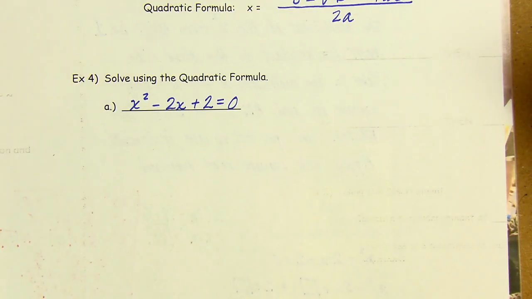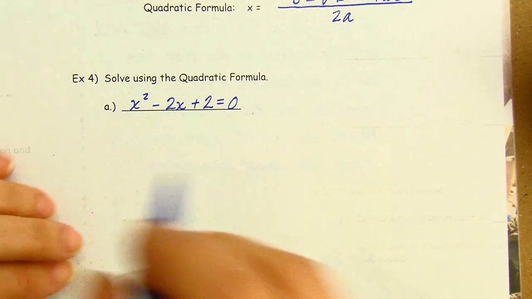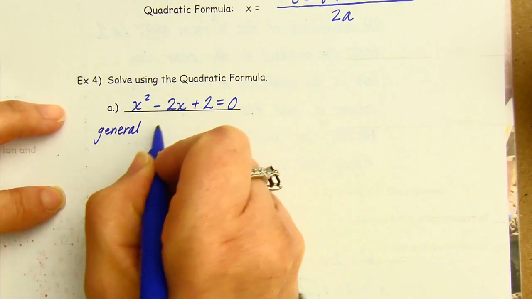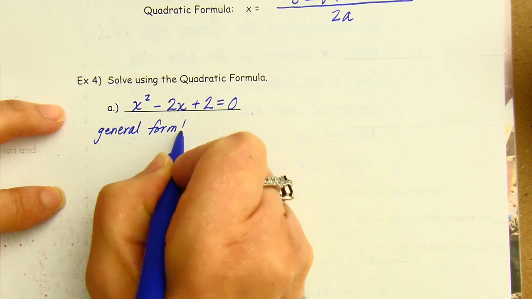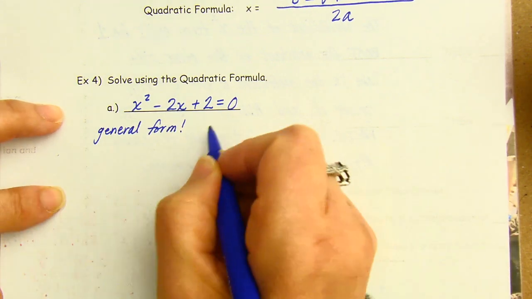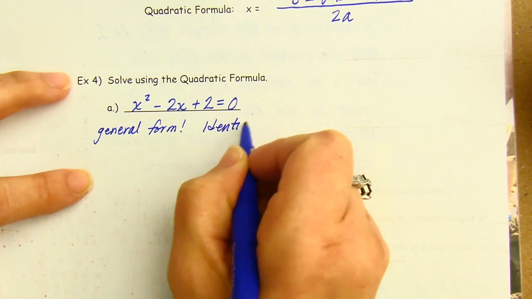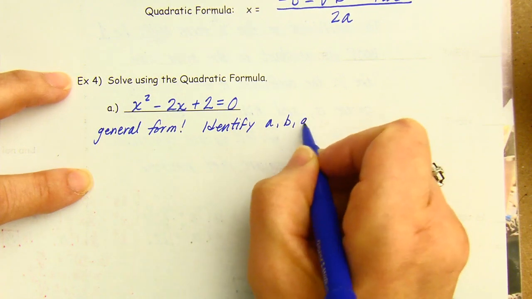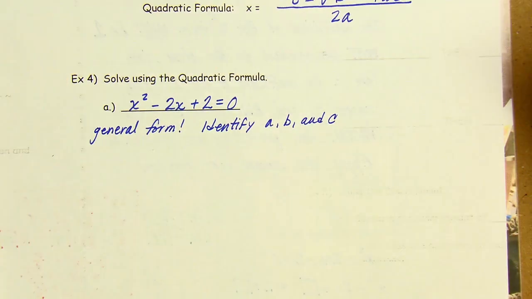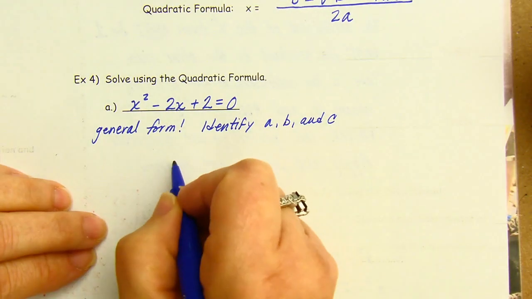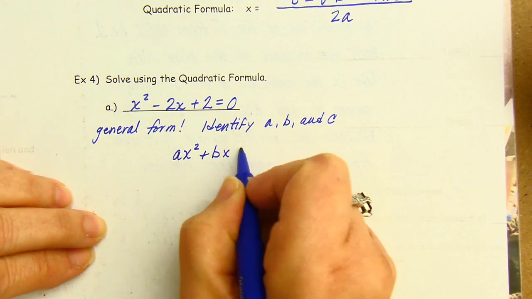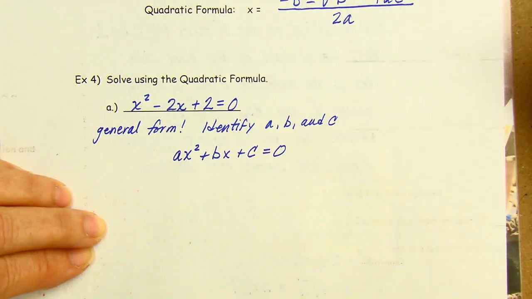It says solve using the quadratic formula. Folks, you've got to make sure everything is on one side. You must have this in general form. Then you're going to identify a, b, and c. The general form of the quadratic is ax squared plus bx plus c equals 0.